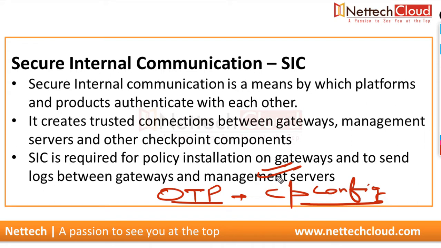But for SIC communication, a one-time password is required, right? The one-time password or activation key is set where? On the security gateway, right? When? At the time of doing initial configuration. So the same one-time password or activation key is required when we do SIC establishment between SMS and SG, right?